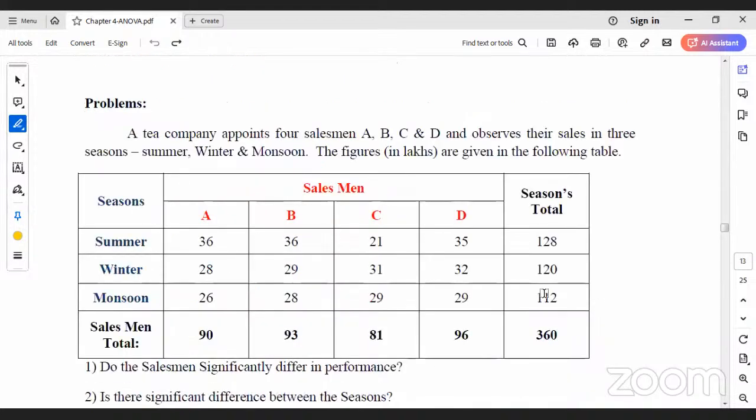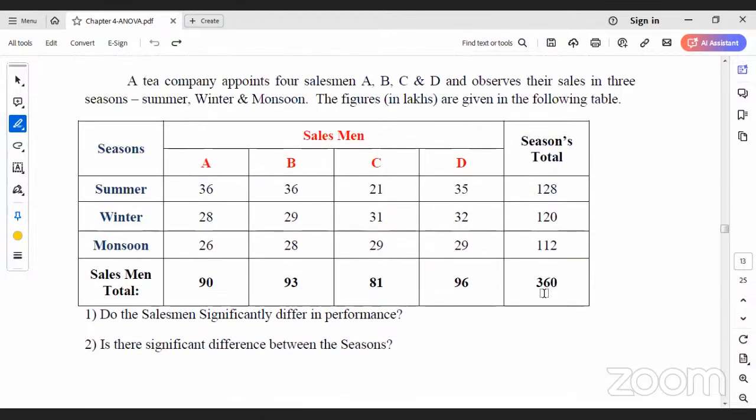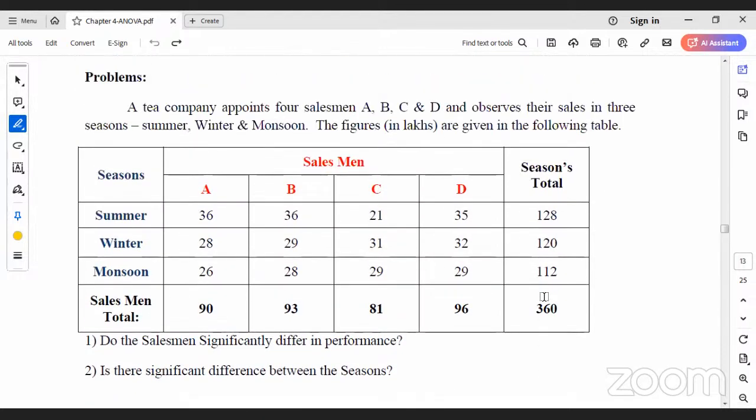So you observe carefully. This is a question. Please note down the question. Tomorrow's class we will discuss this problem in detail. Please note down the problem. A tea company appoints 4 salesmen A, B, C, and D, and observes their sales in 3 seasons: summer, winter, monsoon. The figures in lakhs are given in the following table.